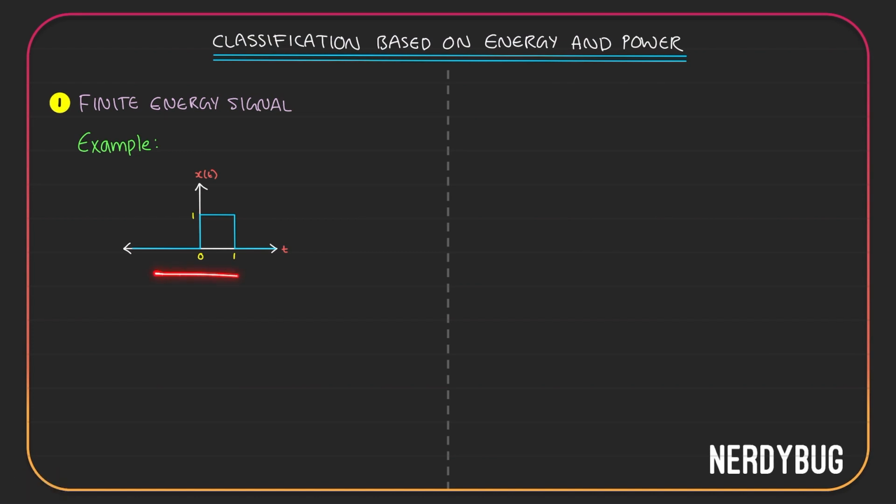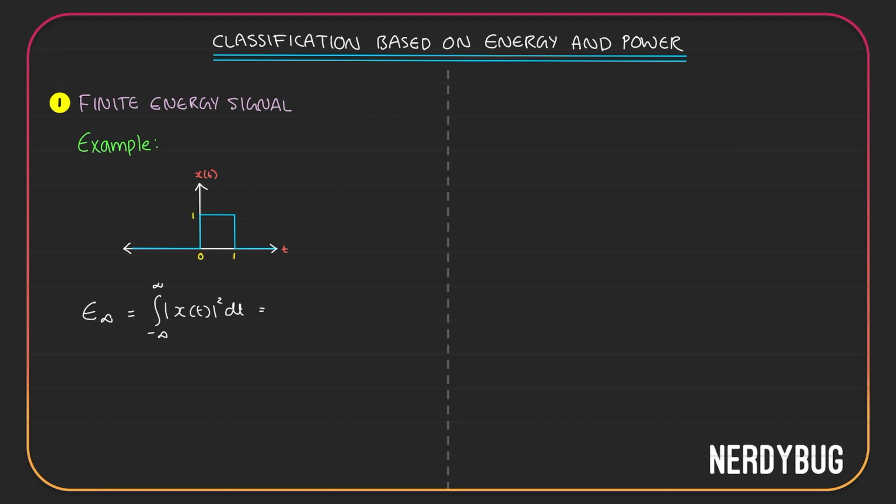How about we take an example? Our example is this particular signal over here, which is 0 on the negative side, 1 from 0 to 1, and then again 0 after 1. I am going to calculate the energy first. So I have to integrate from minus infinity to infinity mod of x of t whole square dt. But you can see the signal is 0 until 0 and after 1, which means I only have to integrate from 0 to 1.